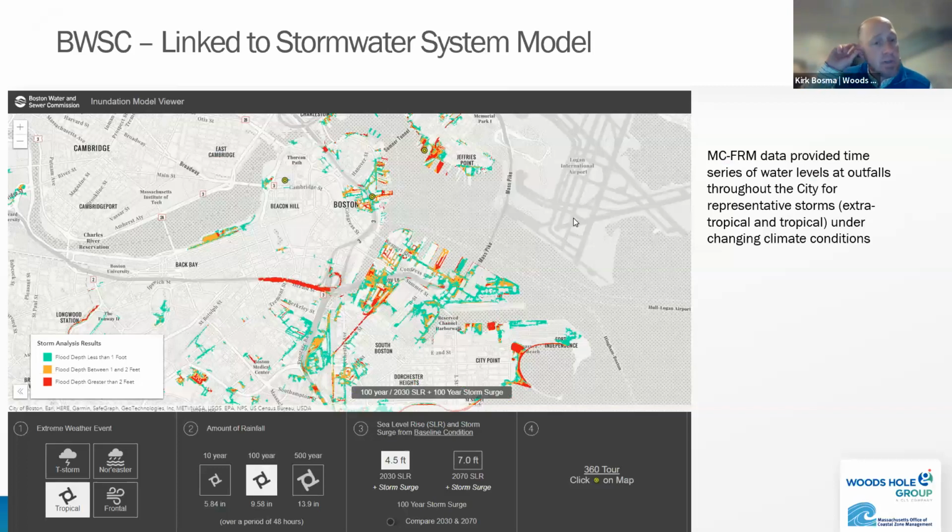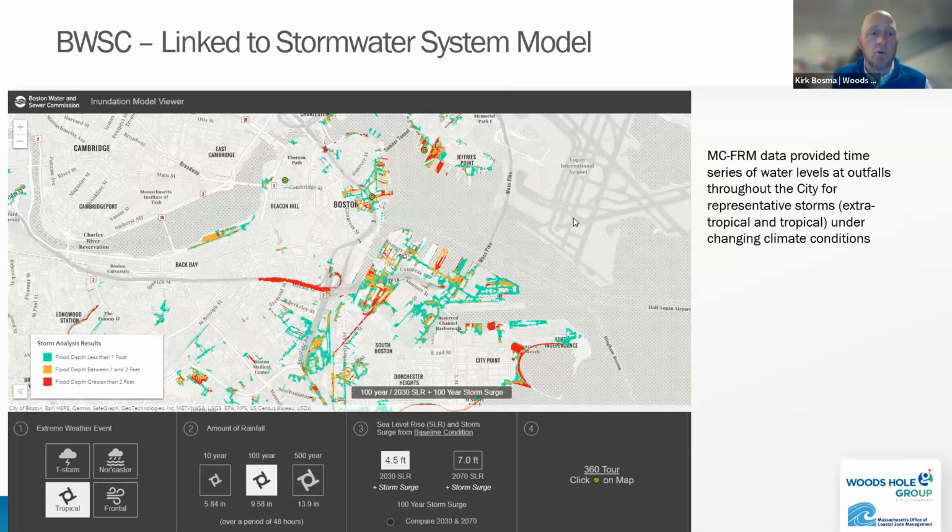And they were able to utilize their stormwater system model to link that to identify what happens to their system when it rains and the tides are doing their thing in the future, or there's a coastal storm coupled with rain. Where does water back up? Where can it get out? Where is discharge flooding, or flooding from the precipitation not being able to get into the system, going to be?